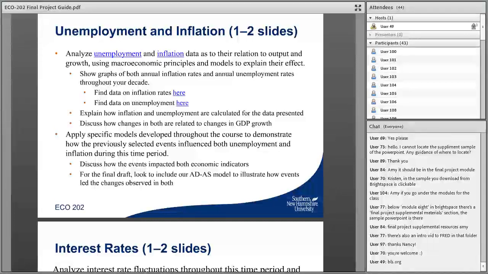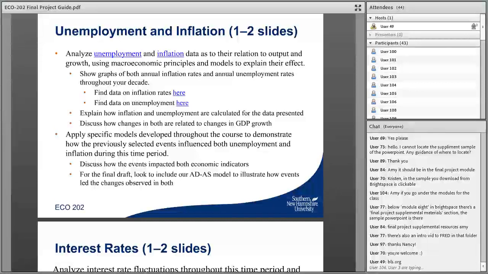And so you want to identify those trends. At the same time, it would be unemployment versus GDP and inflation versus GDP. You want to relate the trends of these two factors to the trends of the GDP. So it says here, discuss how changes in both are related to changes in GDP growth.